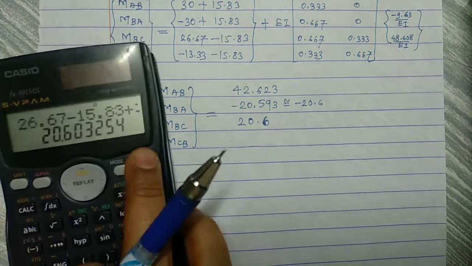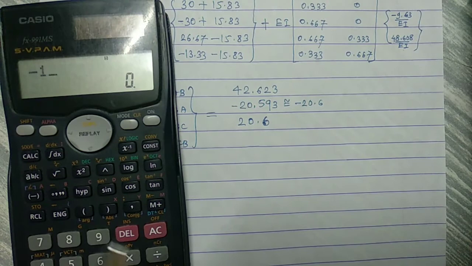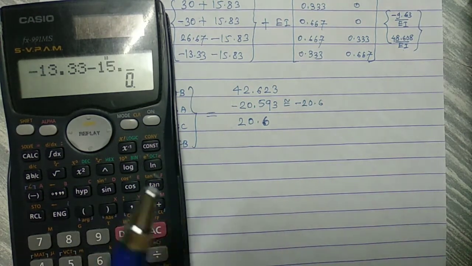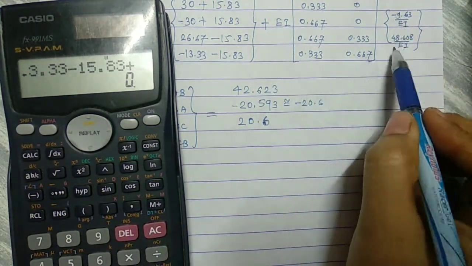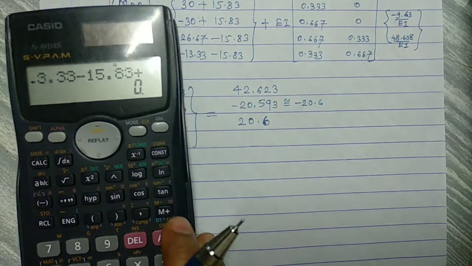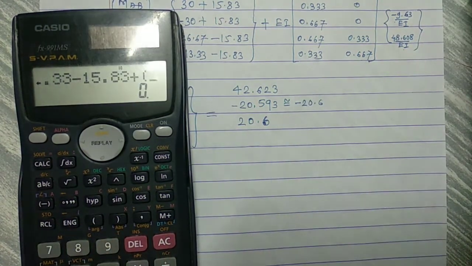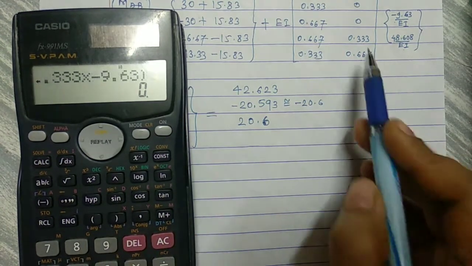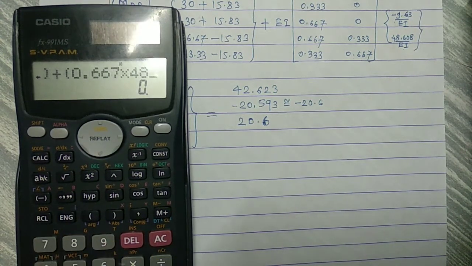And last CB moment, it is 0, but still I'll show you. Minus 13.33 minus 15.83 plus the last row into this one, first element into first element, 0.333 into minus 9.63 plus 0.667 into 48.608.